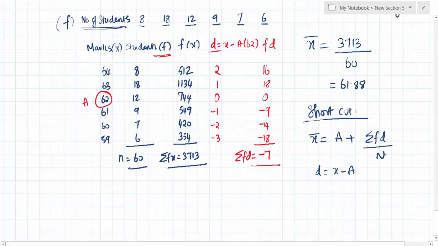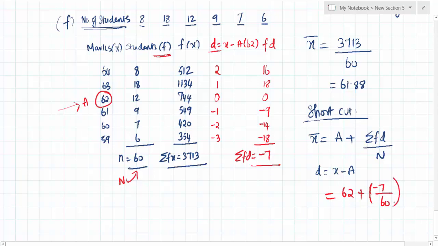Then you need n, right? N is nothing but the summation of your frequency. So this is your n. N is equal to 60. Then you should know what a is. Yes, we know it is 62. Now I think we can fit everything in the formula. Let's see. X bar is equal to a, which is 62, plus summation of fd, which is minus 7, divided by n, and n is 60.